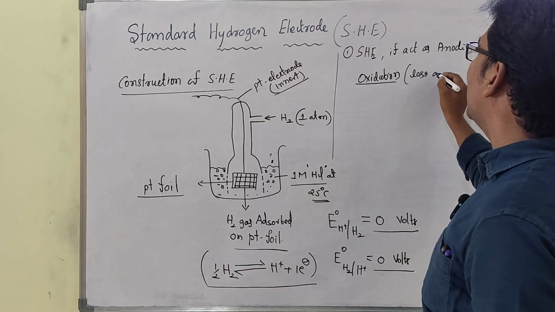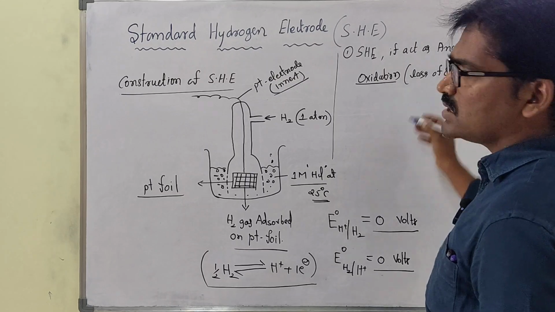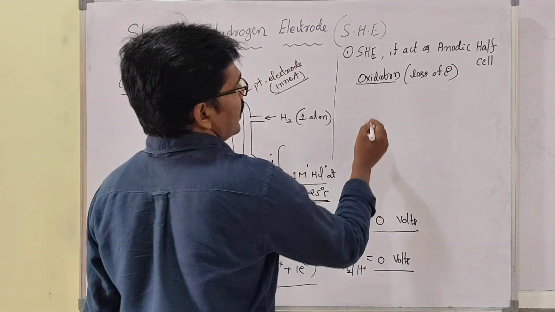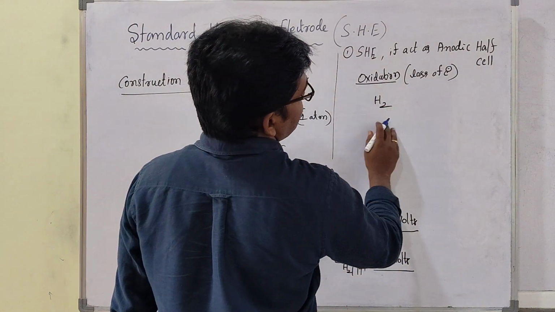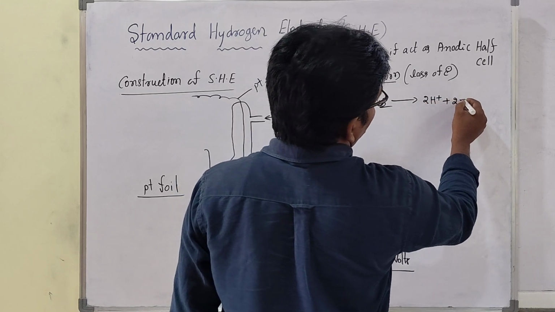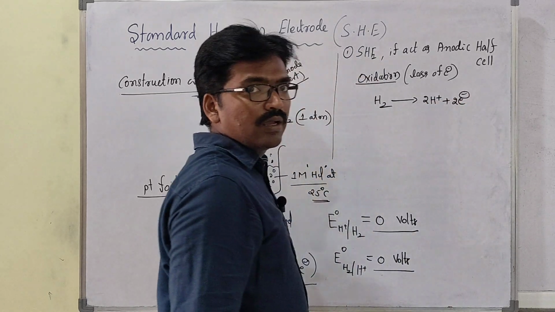Loss of electrons is what we call oxidation. So how does it happen? H2 gas will be converted into 2H plus and 2 electrons, like this.